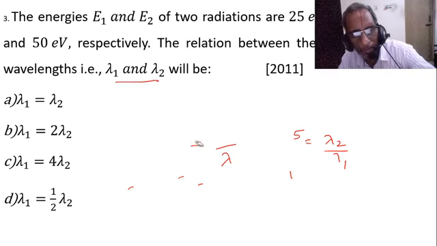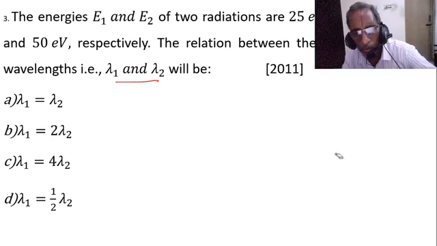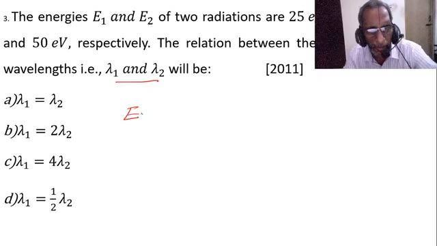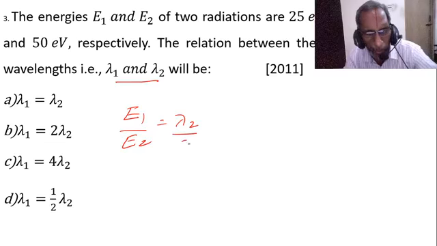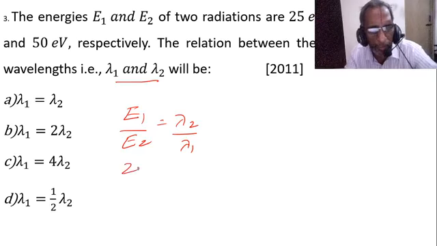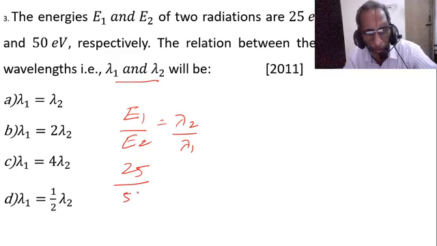Everybody please listen. What is the relation between lambda 1 and lambda 2? We have found that E1 by E2 is equal to lambda 2 by lambda 1. E1 is given as 25, E2 is given as 50, equal to lambda 2 by lambda 1.